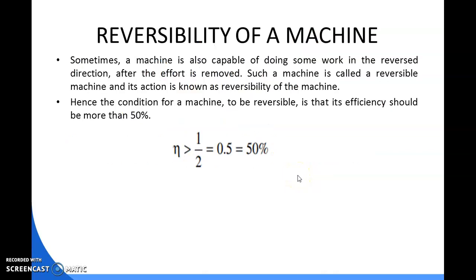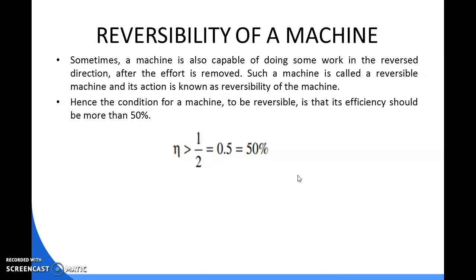Now another term is reversibility. Reversibility of a machine means that sometimes a machine is also capable of doing some work in the reverse direction after the effort is removed. Such a machine is called a reversible machine, and this action is known as reversibility of a machine.